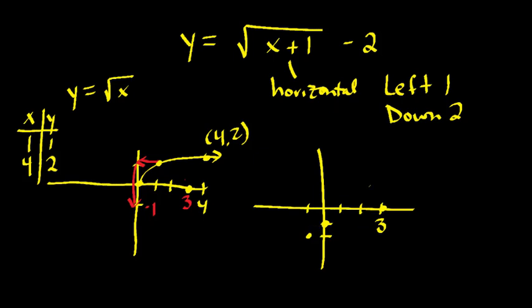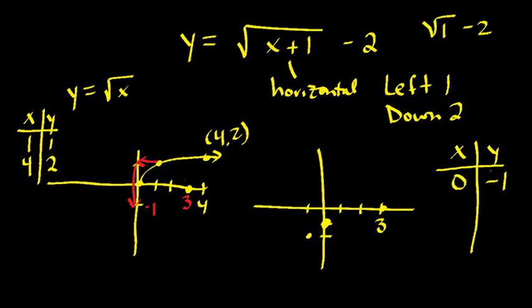We could double check that these points are graphed correctly. When x is 0, we will get square root of 1 minus 2, and 1 minus 2 is negative 1. So the point over 0 down 1 is drawn right here, so that's correct. When x is negative 1, we get negative 1 plus 1 under the square root.